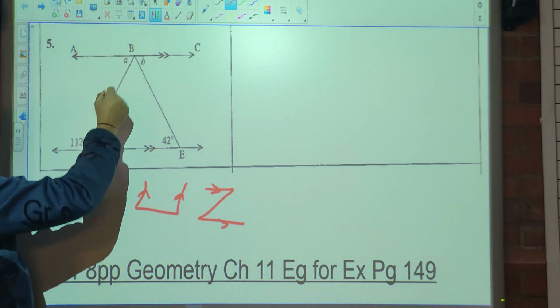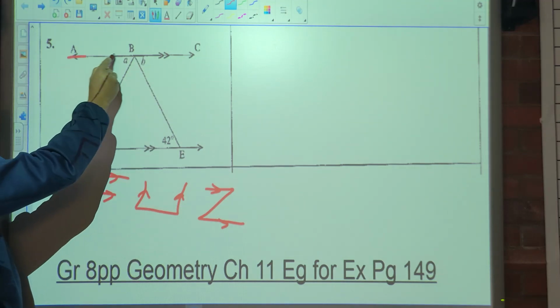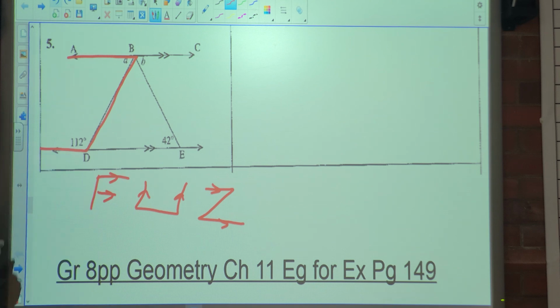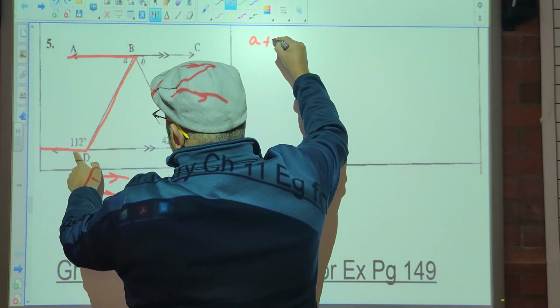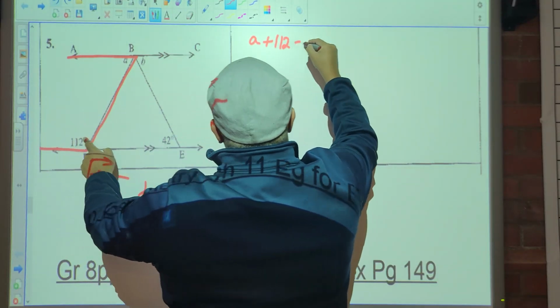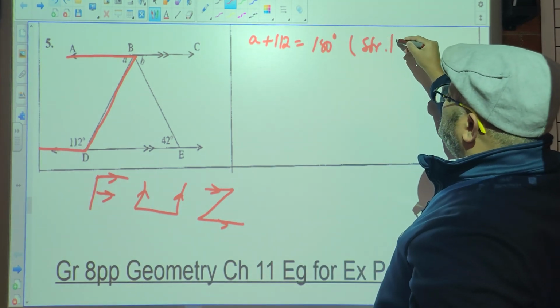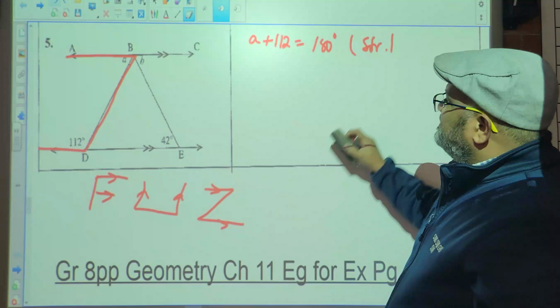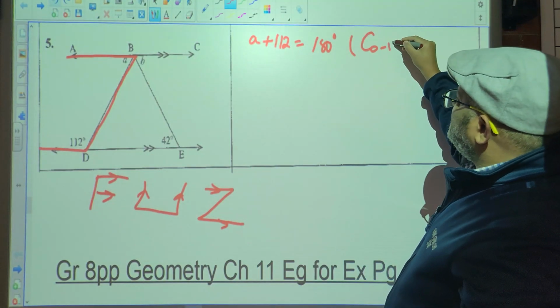I can't make the F here for corresponding. However, the U must be. So what do we know about this U? We know that A plus 112 is equal to 180. Why? Co-interior.